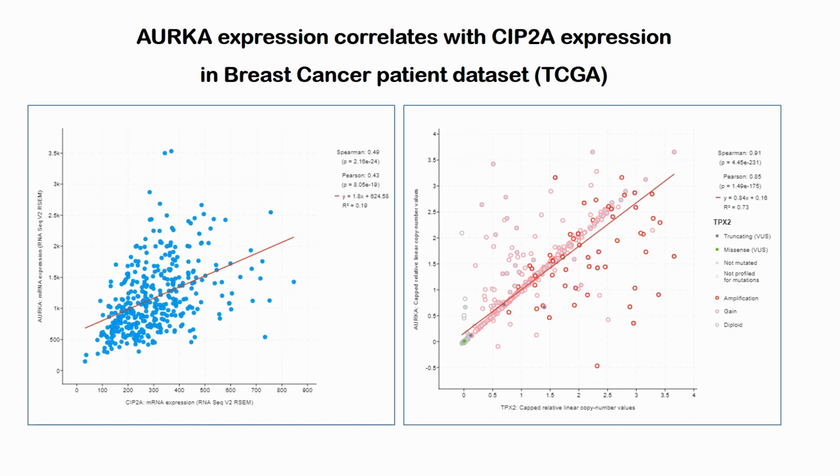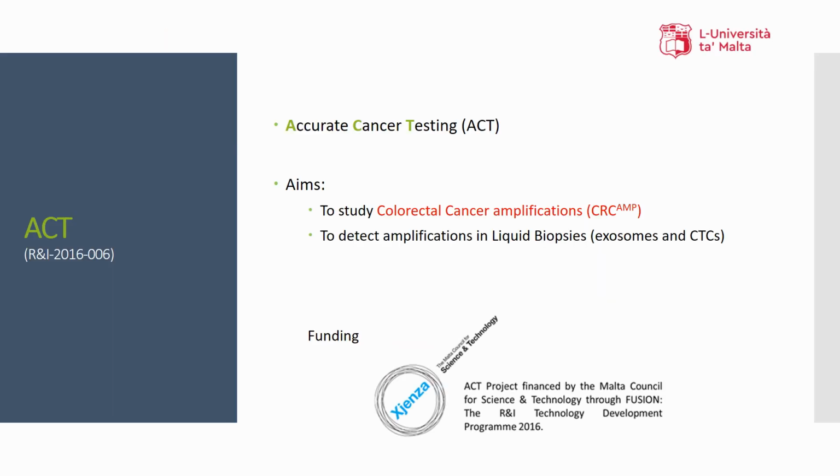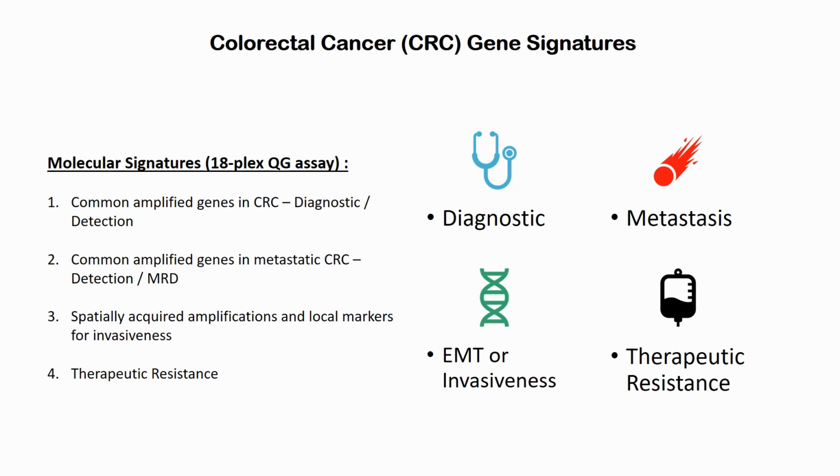That's because they are on the same chromosomal region and they are generally amplified together. I'm saying this because we did a lot of work on gene amplifications in various cancers. There's a high frequency of these amplifications, and today we know a lot about gene amplifications. So we started this project.